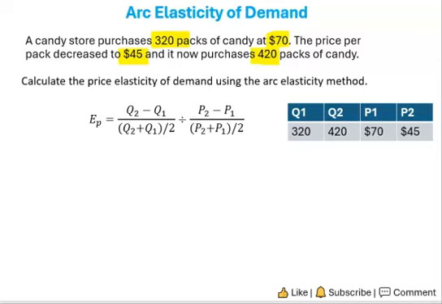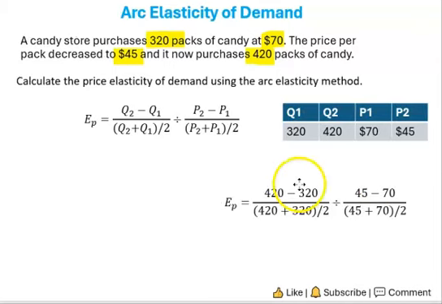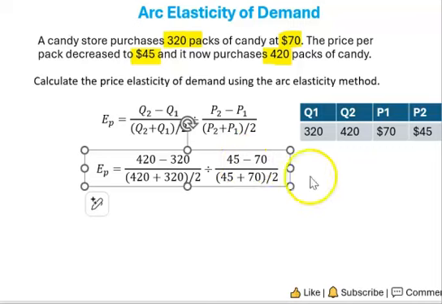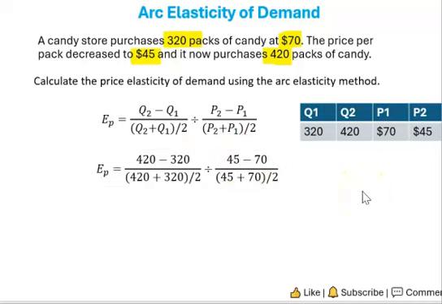So when we plug these numbers into the equation, this is what we get: 420 minus 320 divided by 420 plus 320 divided by 2, divided by 45 minus 70 divided by the sum of 45 and 70 divided by 2. 420 minus 320 is 100. 420 plus 320 divided by 2 gives us 370.